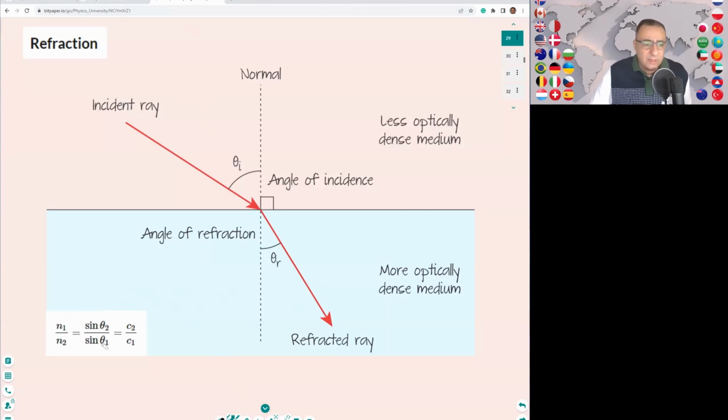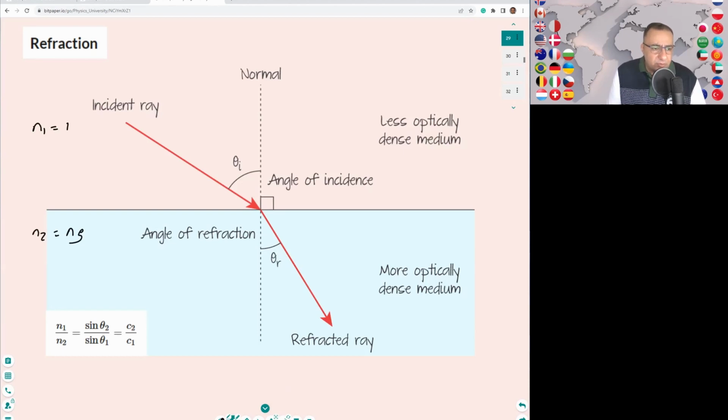This is in your booklet. Theta 2 is theta r here, the angle of refraction, divided by the sine of theta I, the angle of incidence. Now we know n1 of air is 1, the reference, and I'm going to call n2 just n sub g, where g is for the glass.